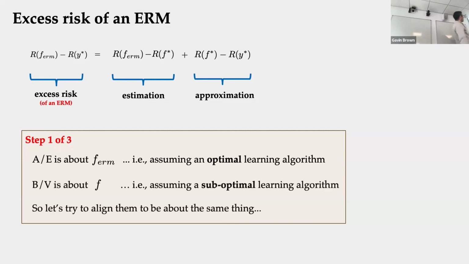But the bias-variance decomposition is about an arbitrary model. So you have some suboptimal learning algorithm that doesn't always perform very well. And so they're about different things. We're going to try to align the two and make them about the same thing.